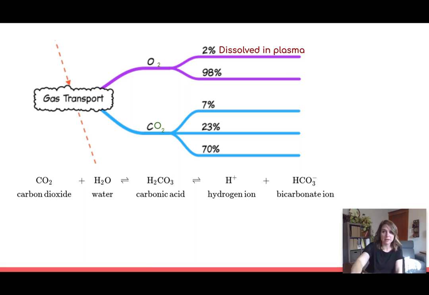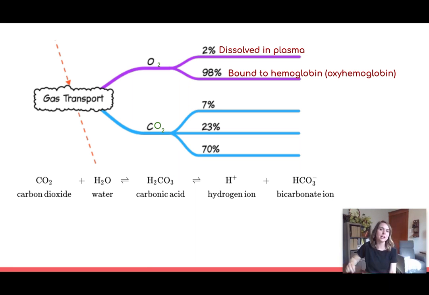The rest of it, about 98% of it, binds to hemoglobin in our red blood cells. And hemoglobin is a molecule, a protein molecule that's in our red blood cells. And for every 1 hemoglobin, I believe it can hold 4 oxygens. And there's lots of hemoglobin in your red blood cells, so it can attach to many of these.